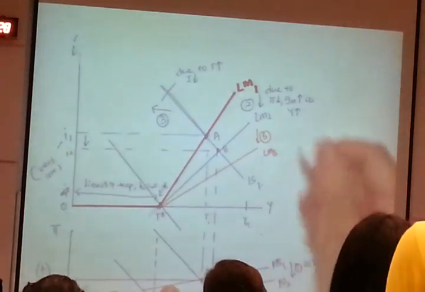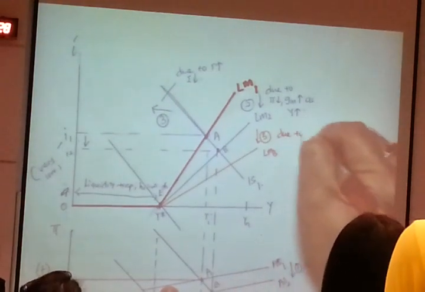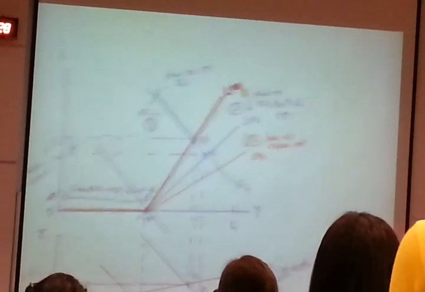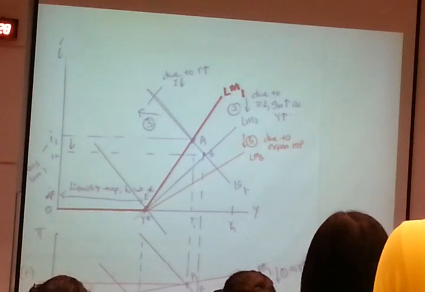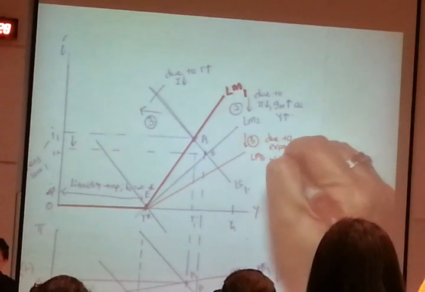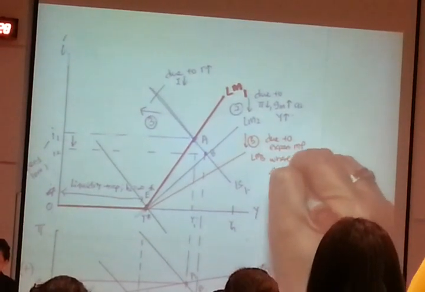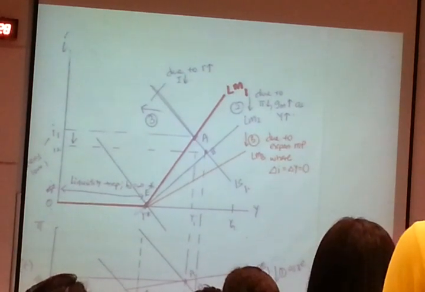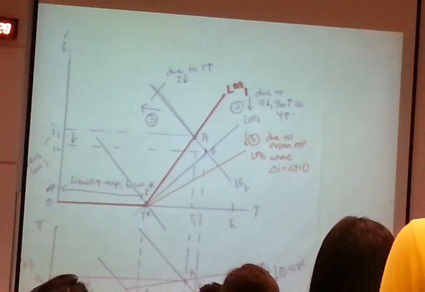So this shift of LM is due to expansionary monetary policy. Something happened where interest rate and income stop changing. Households panic.